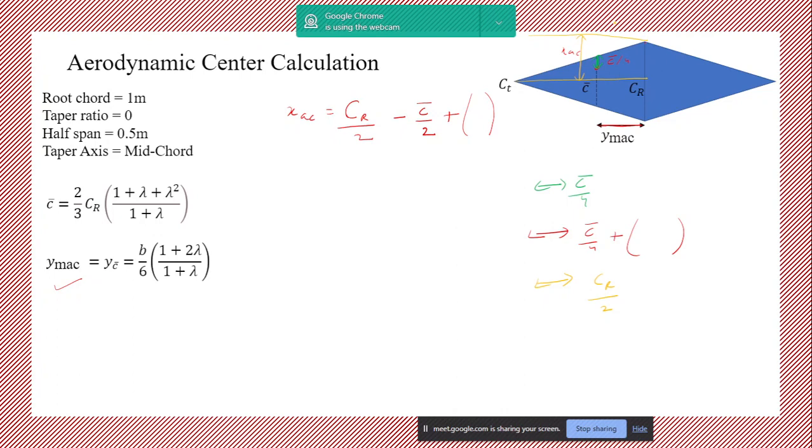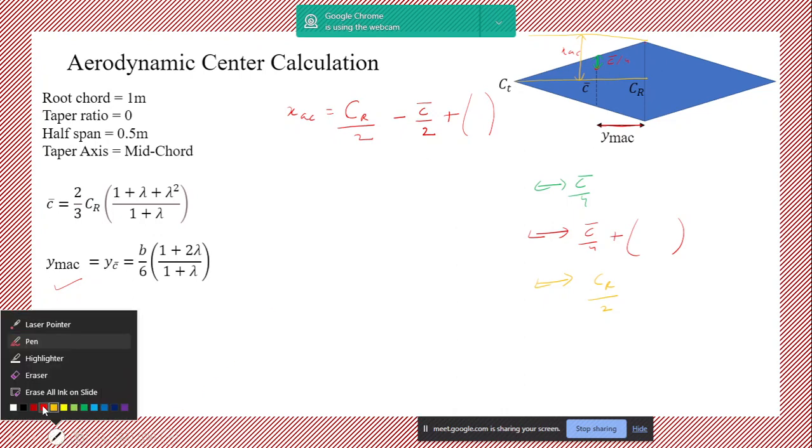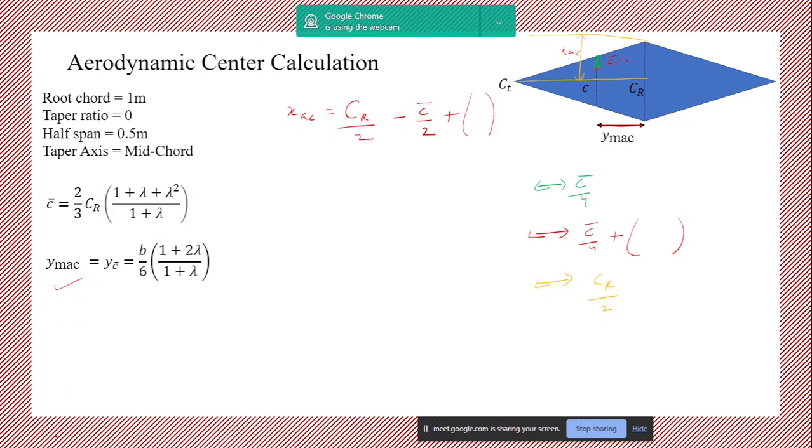So what we need to find out is this distance, right? The unknown part of that is only this purple line.